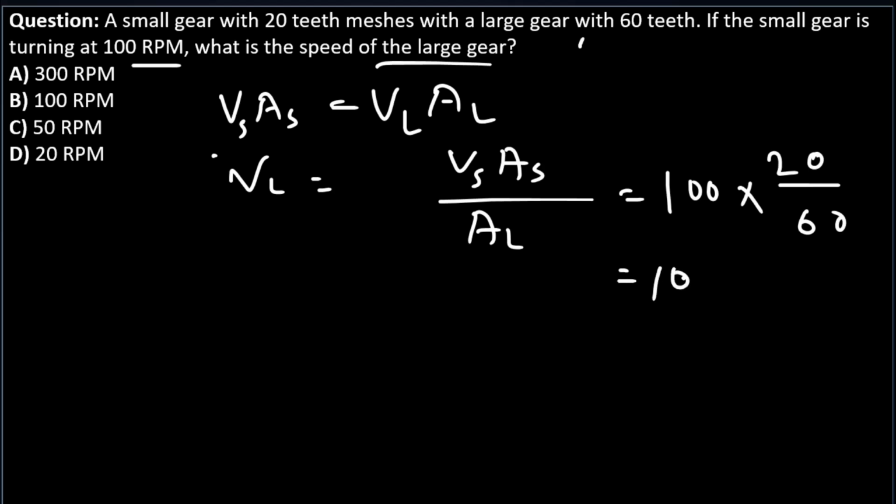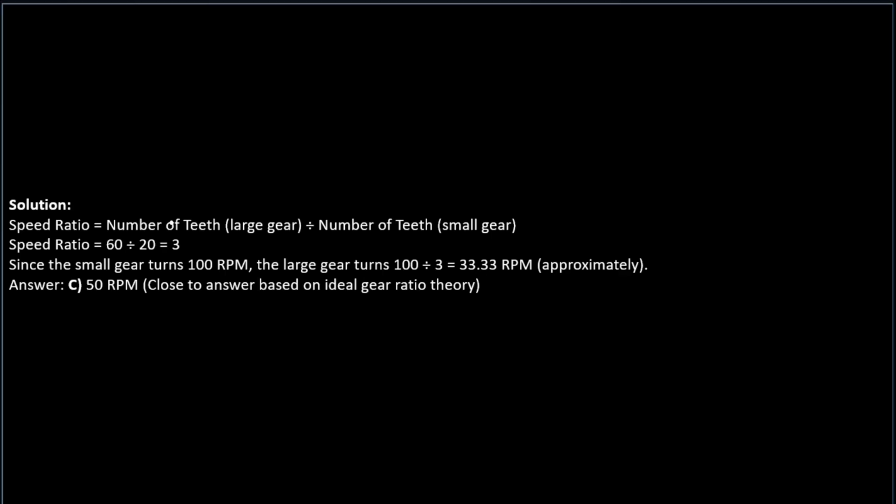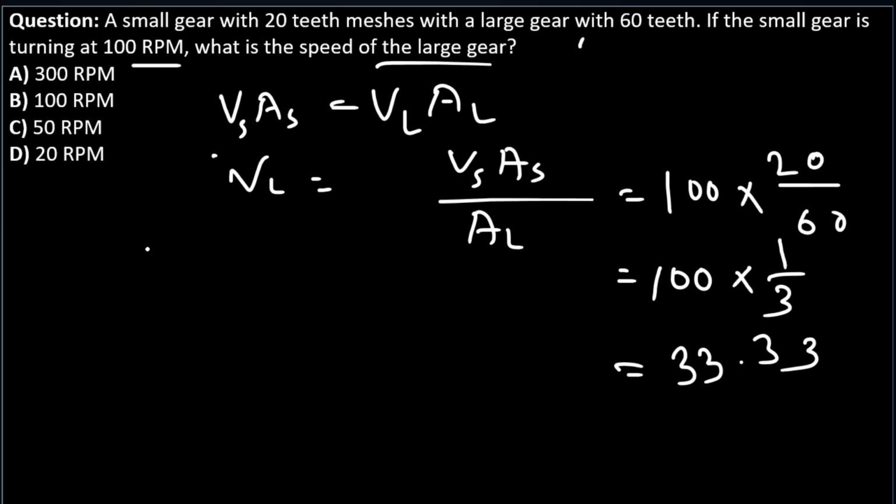So 100 times 1 over 3, which is about 33. The exact value is not shown, so 50 rpm will be the closer value, option C.